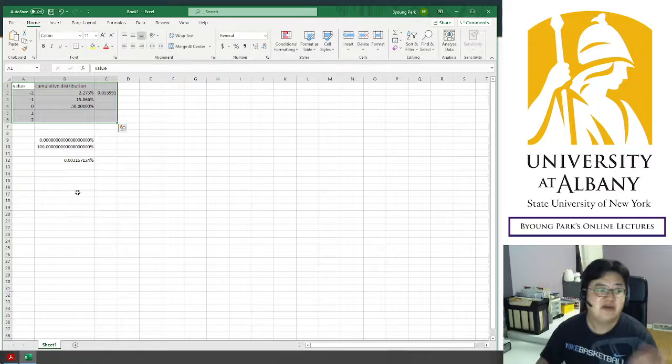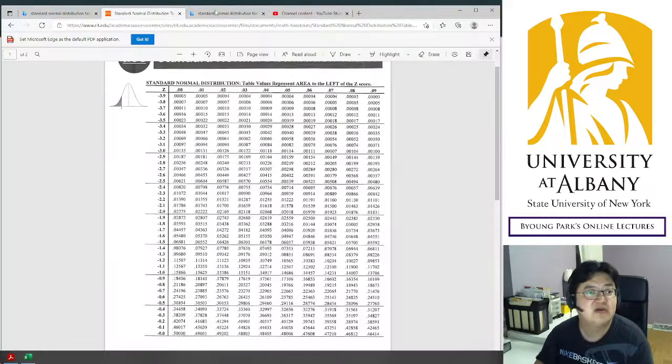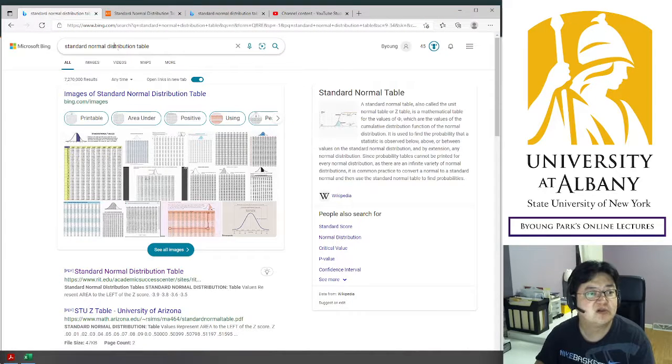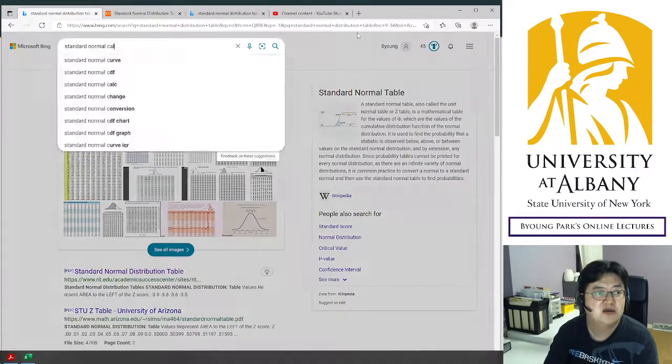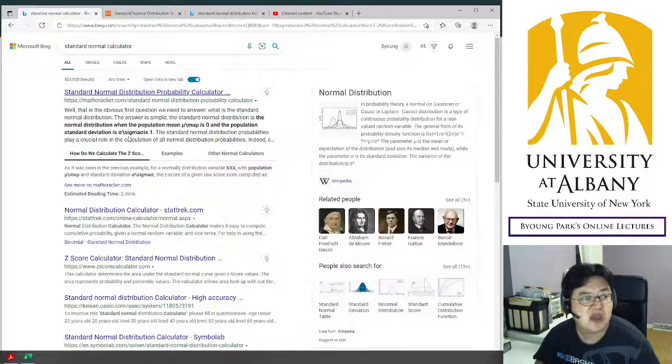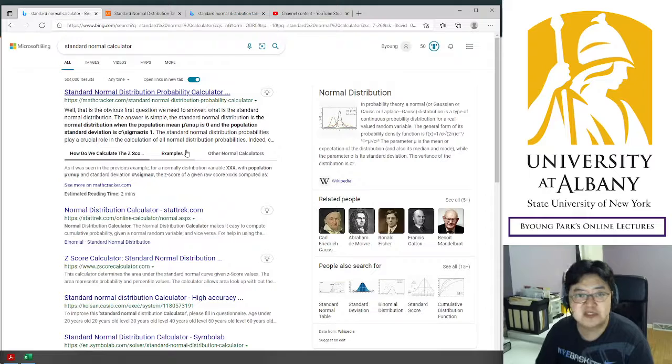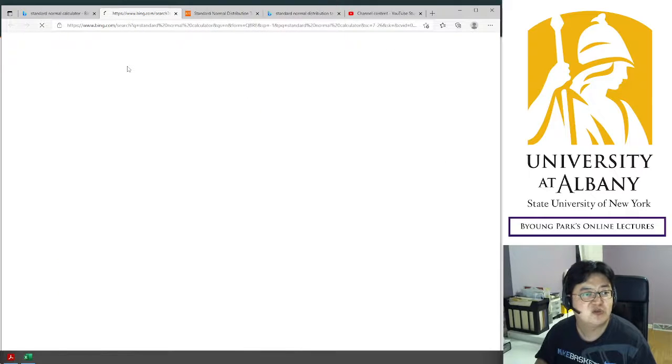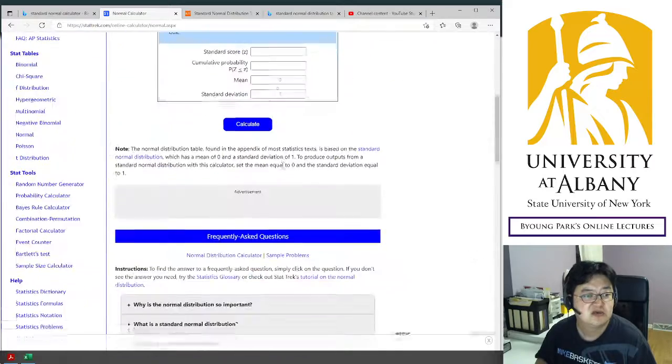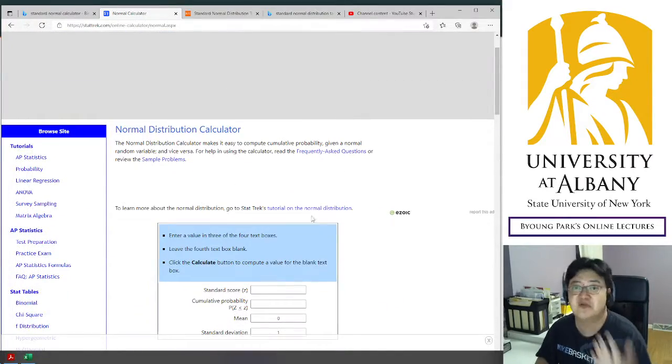If you want to use a standard normal probability calculator, there may be other resources you may use, and if you know how to use them, that's also fine.